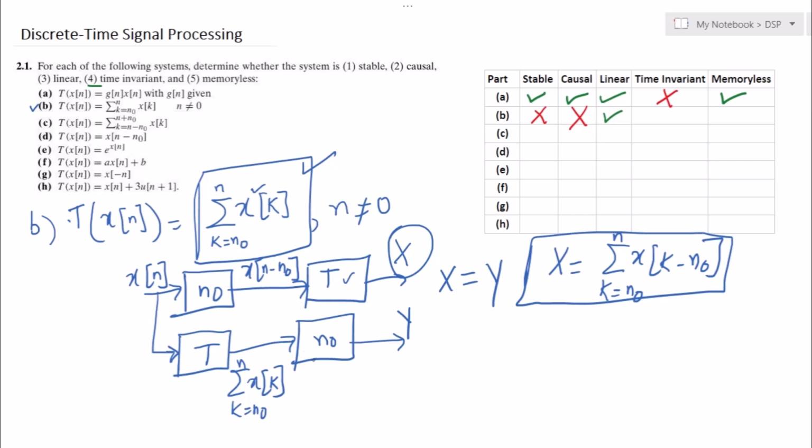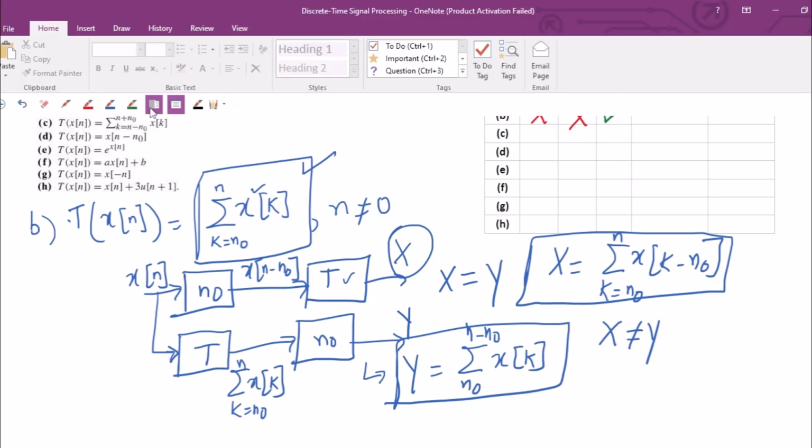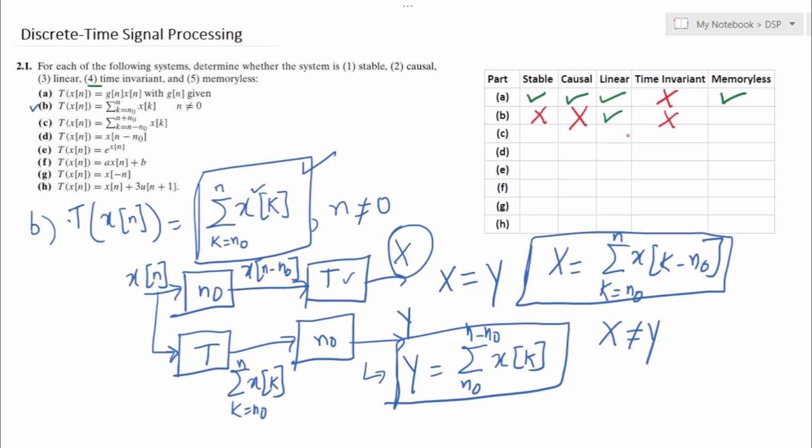When it is passed through the delay n0, it will only delay the n terms wherever they are. So the output y will become the summation from n0 to n minus n0, because this n will be delayed by n0, while this x of k will remain the same. So this is y. We can see that here x is not equal to y. Therefore this system is not time invariant, but time variant. So that is for the fourth one.